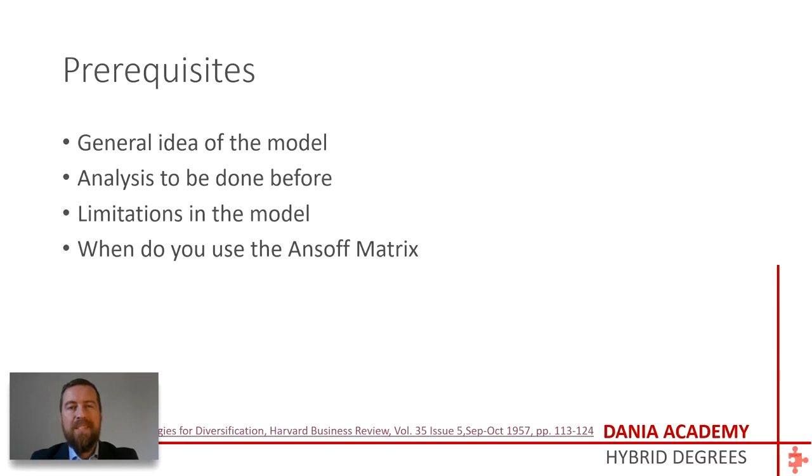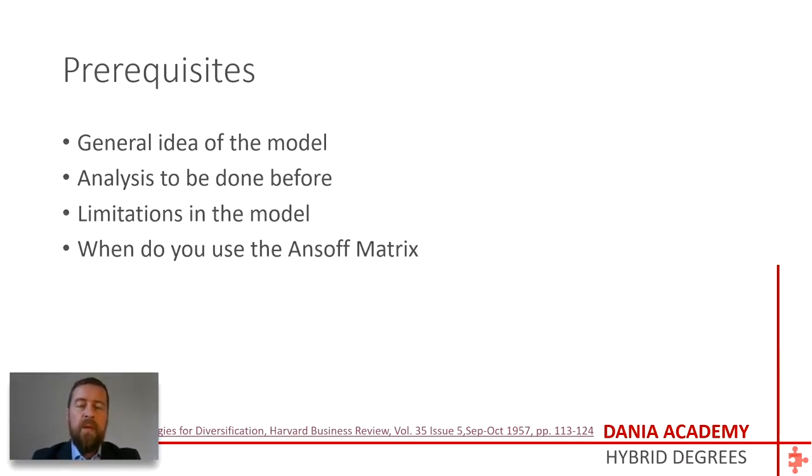As I also mentioned, it is an older model. It's from 1957, which also means that it's from a different time. It's from a time where you're looking at businesses from an industry perspective. The product was the core of the business, and adaptations were slow and iterative over time.